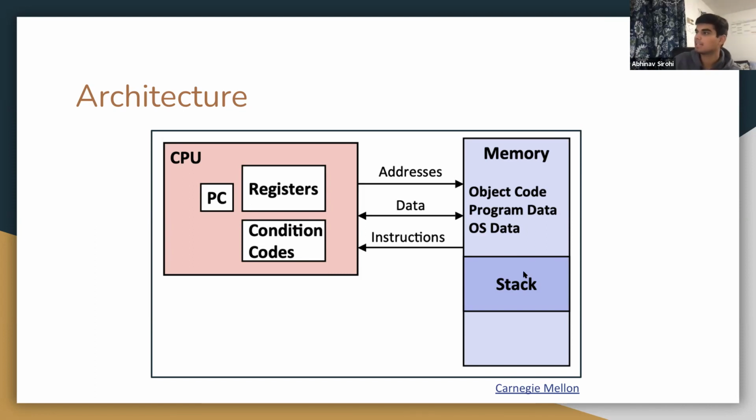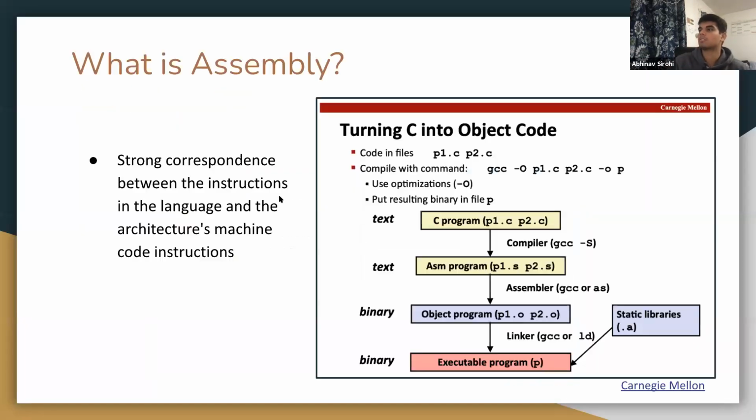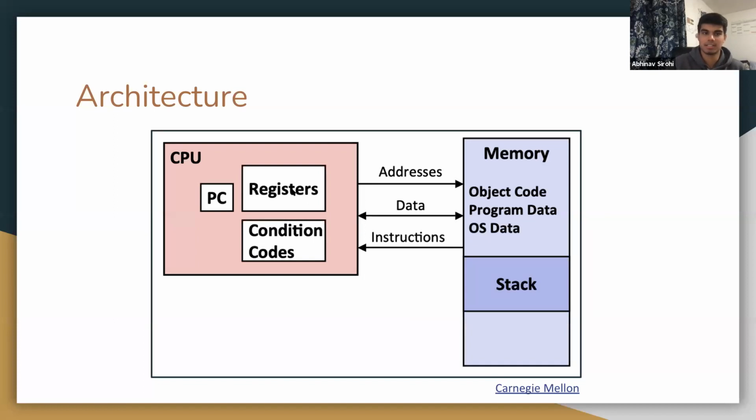Instructions and data are exchanged between the CPU and memory, and assembly writes exactly how this data is being exchanged very explicitly. You'll actually write that a value is going from register A to register B. They're not called A and B, they have different names, but that's the essence of it.